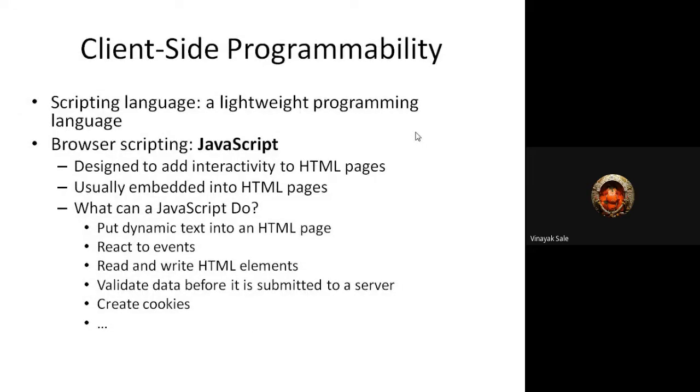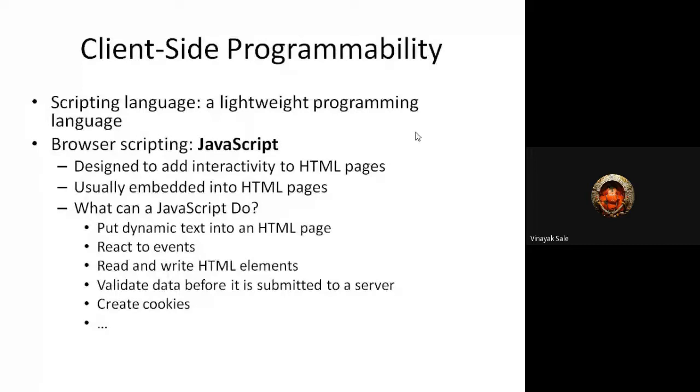Then client-side programmability. For client-side programmability, a scripting language, that is, a lightweight programming language, is used. There are different scripting languages. Here we are going to study the browser scripting language JavaScript, designed to add interactivity to HTML pages, usually embedded into HTML pages.